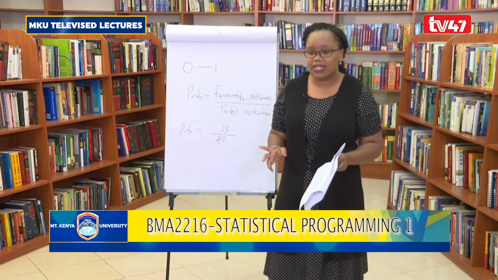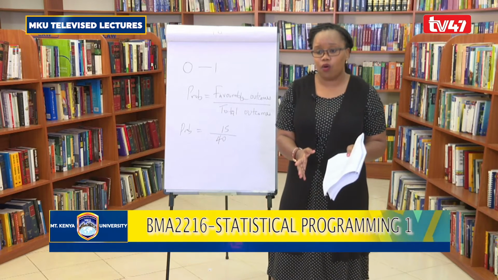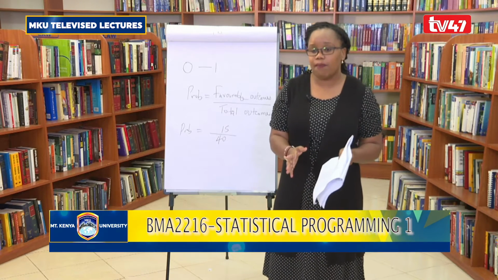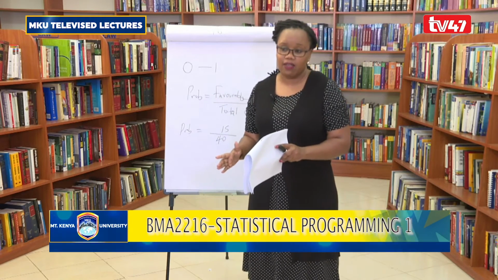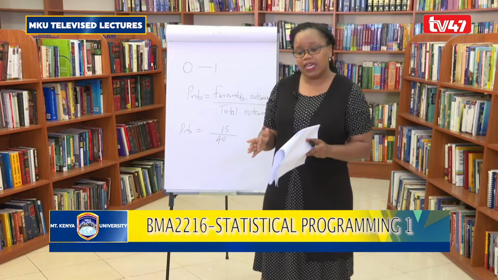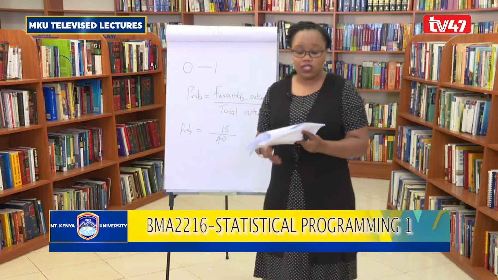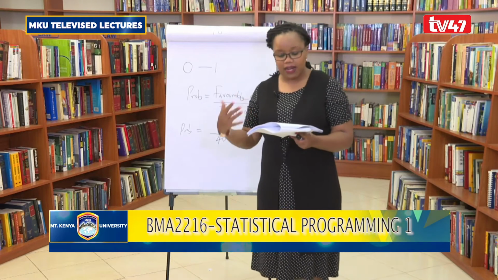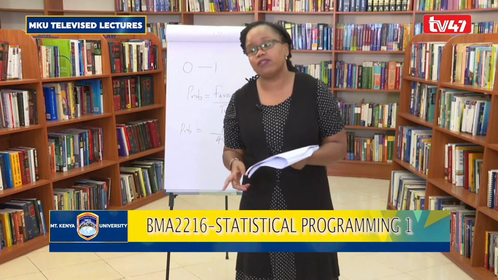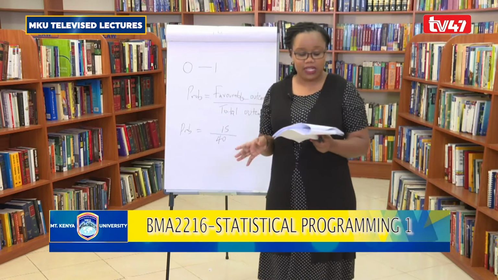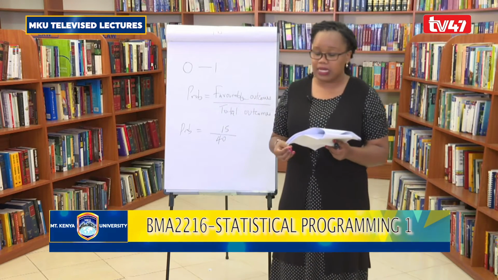You realize that after the first tossing of the coin, whatever outcome I get does not interfere with my second tossing. Whatever outcome I get in the second does not interfere with the third outcome of the tossing. So what does that tell us? That the occurrence of an event does not stop the occurrence of other events, which clearly defines what independent events are.